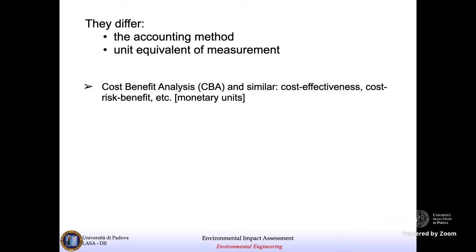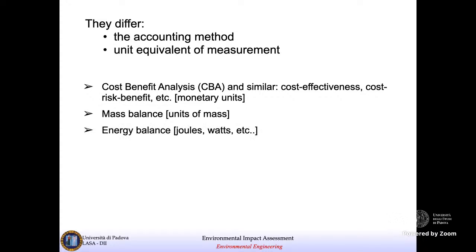Cost-benefit analysis and similar methods try to find cost effectiveness criteria or cost risk benefit and so on. Typically in cost-benefit, you employ monetary units; in mass balance, units of mass; in energy balance, joules, watts, and so on.